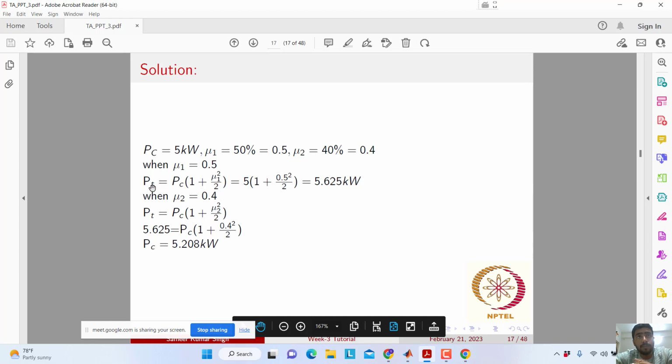From there we got our PT as 5.625 kilowatt, and now we will use this power for the second case, and we will try to get PC. Mu 2 is given, PT is given. From there we can get our PC.